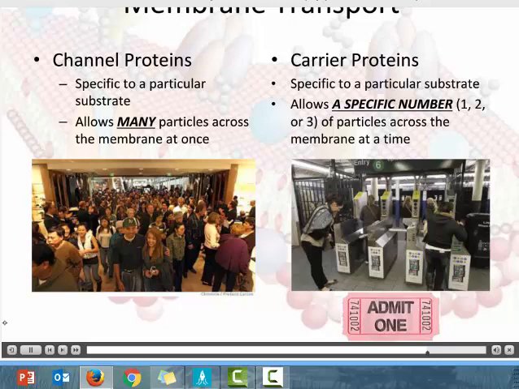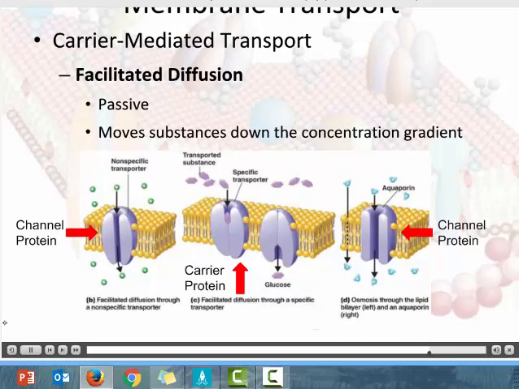transport. So we have very thoroughly discussed diffusion. Diffusion can be simple or it can be facilitated. In facilitated diffusion, we can either use channel proteins, which allow a large number of a specific solute to cross the membrane according to its gradient, or we can use carrier proteins.